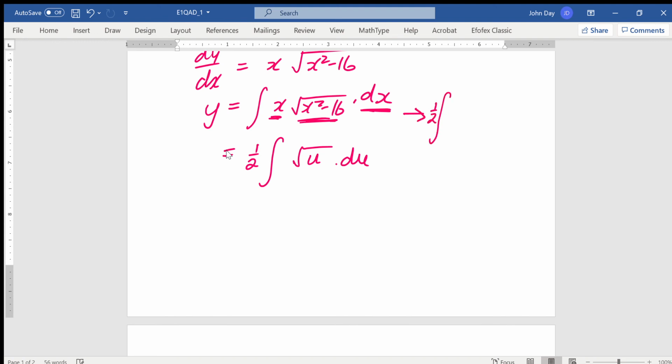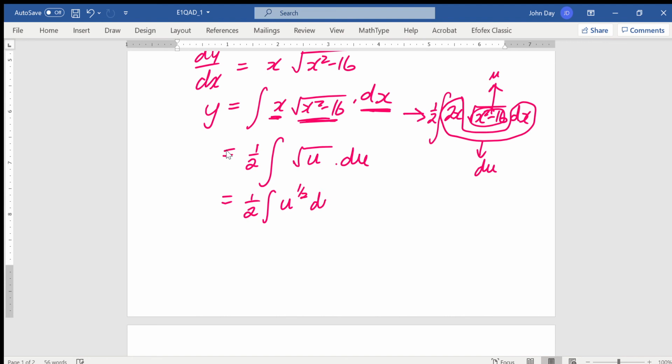If I wanted to set that up properly beforehand, I would have written that this is a half of the integral of 2x root (x squared minus 16) dx, so that I could grab my 2x dx and replace it with a du, and what's under the square root sign could be replaced with u. So in the end, I'm trying to find the integral of a half of root u du, which is a half of the integral of u to the half du.